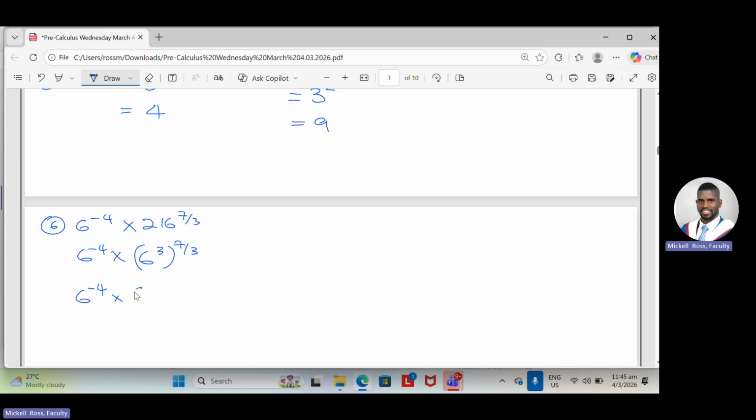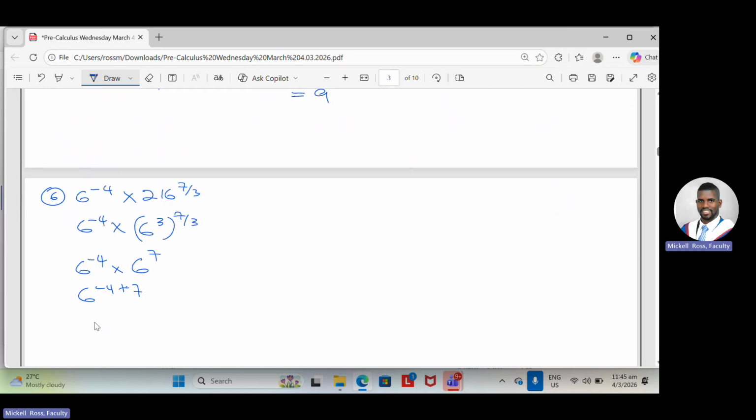The base is the same and you're multiplying, so you just add the powers. So it's 6 to the negative 4 plus 7. Negative 4 plus 7 is 3, which gives you 6 cubed, and 6 cubed is going to give you 216.